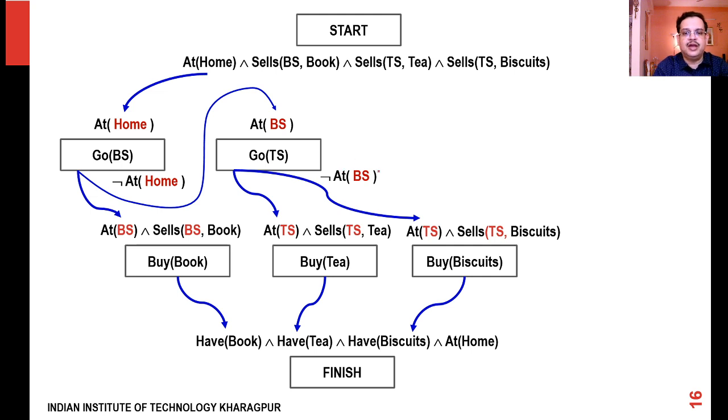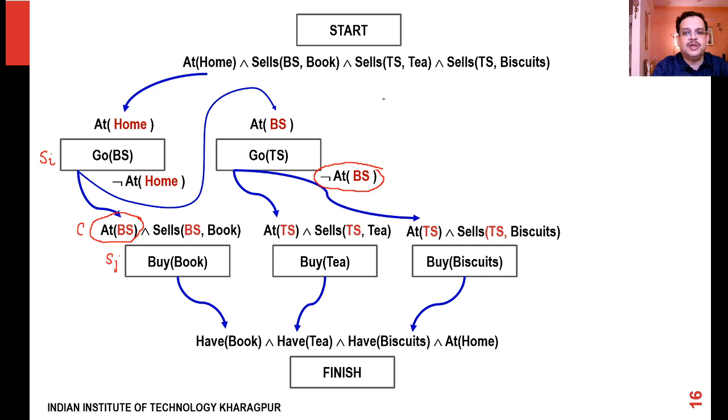The threat is that the buy book action needs add BS as the precondition, and the go TS action takes away at TS. So as you can see, here is my SI, here is my SJ, here this is my C, and this is my this action.